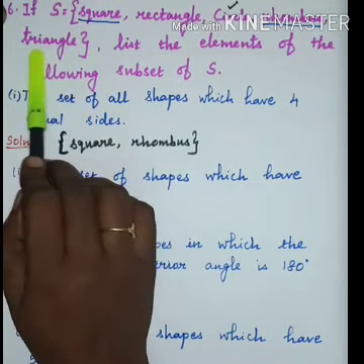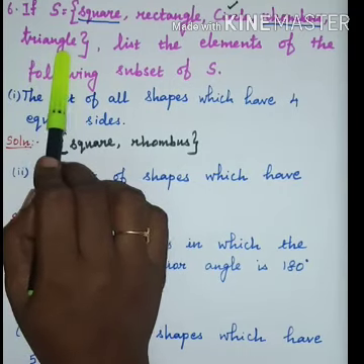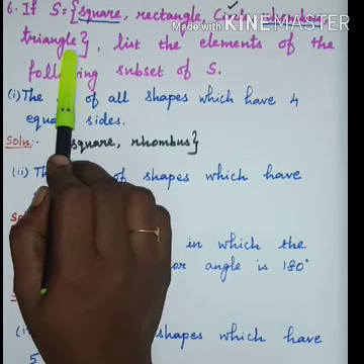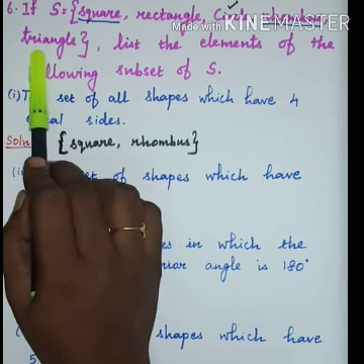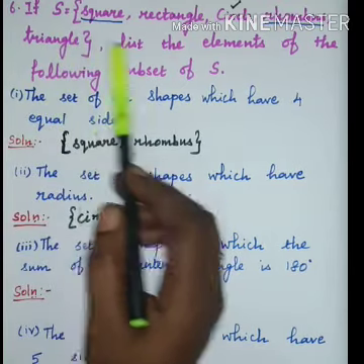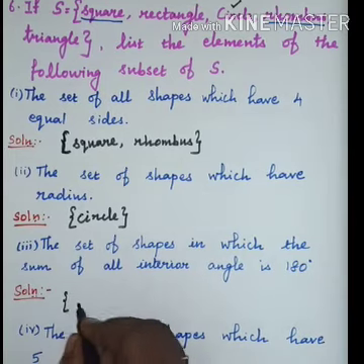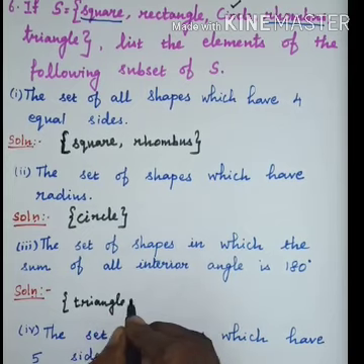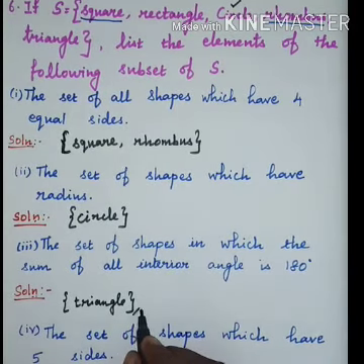Triangle is the only shape for which the sum of the interior angles is 180, because we know that the sum of all angles of a triangle is 180 degrees. So here the answer is triangle. Inside the set we have to write triangle.